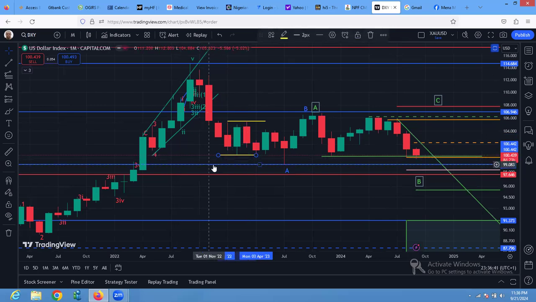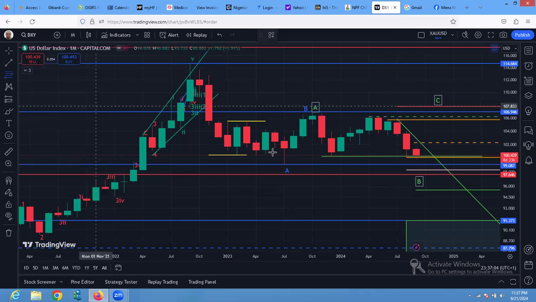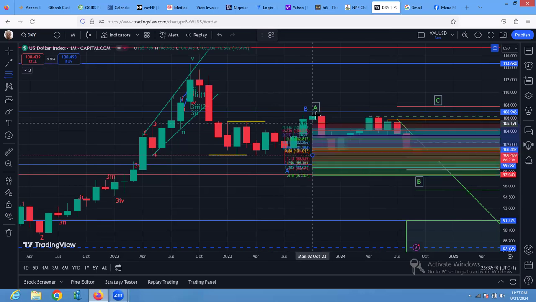So now, the structure ended here and the A wave went up to this point, not to this edge, not to this point. It ended and gave us a B wave, a triad A, B, C of a B wave. Now, the correction to the downside, in terms of a retracement from the origin of that A wave in the yellow to the end of this A wave in the yellow.